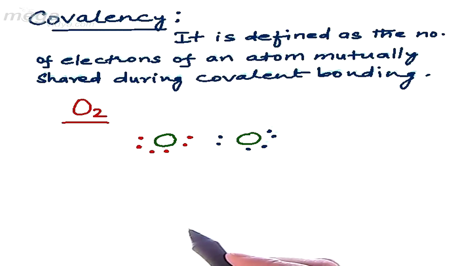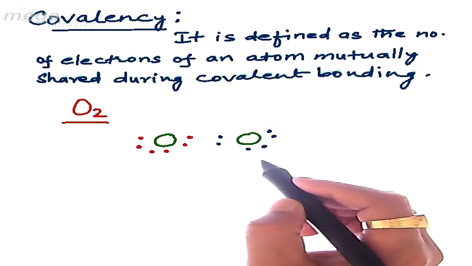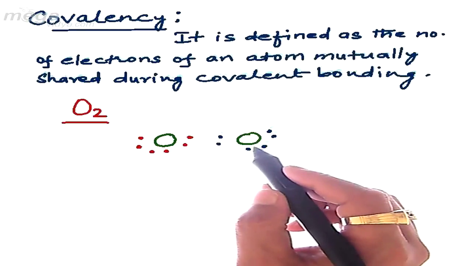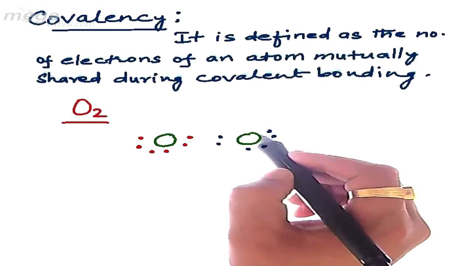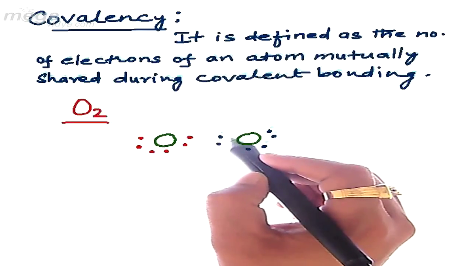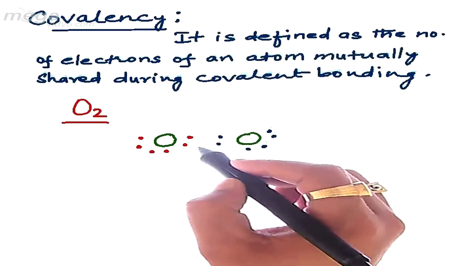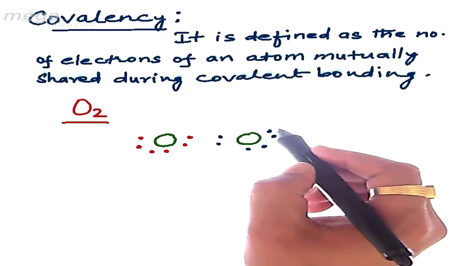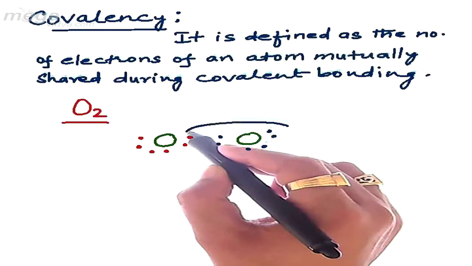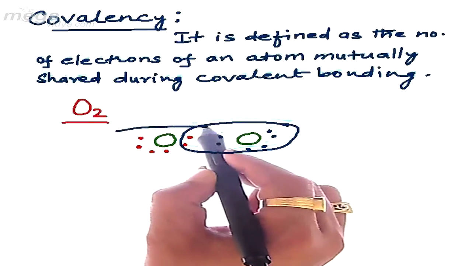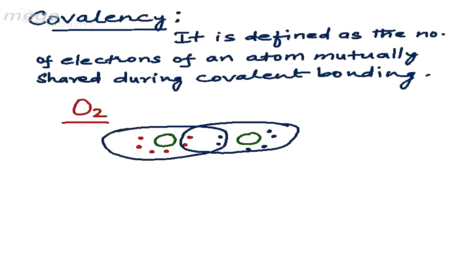Now bonding is just to complete the octet, that is 8 electrons in the valence shell, the ns2 np6 configuration. Both these oxygen atoms are lacking 2 electrons, hence for completing their octet both will undergo mutual sharing of 2 electrons. This oxygen atom will share 2 electrons of the first O atom, and similarly the first O atom will share 2 electrons of the second O atom.